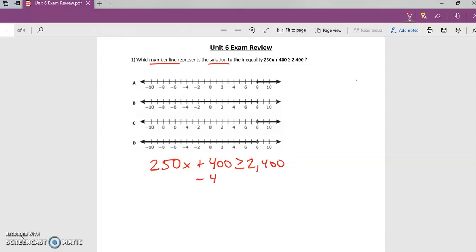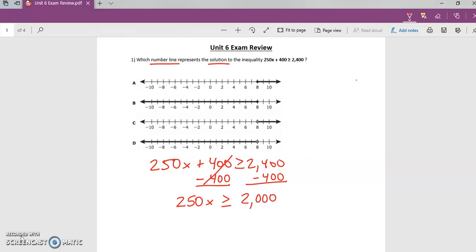I have to move that to the other side by doing the opposite. Remember, whatever I'm adding or subtracting, that's what I want to move. So those are going to cancel. 250x gets brought down. It's still greater than or equal to, and then 2400 minus 400 is just 2000.